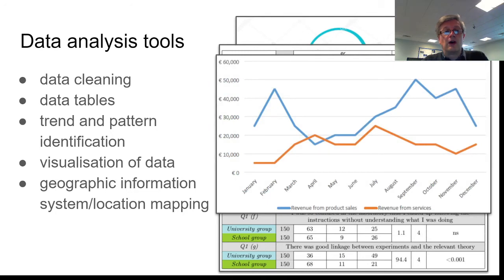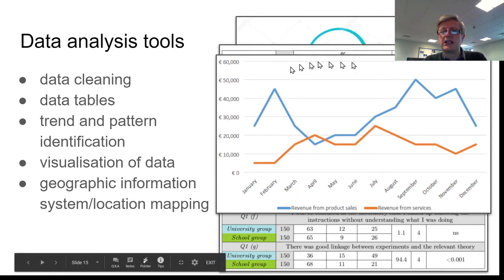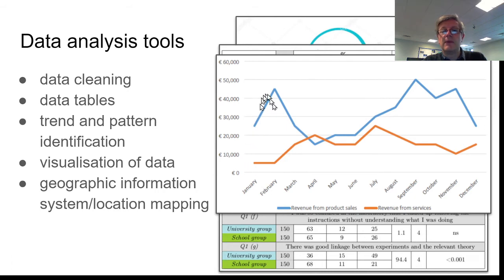Another tool that's used quite often is trend and pattern analysis and trend and pattern identification. So it's useful for us just to see the information in this kind of format because we can clearly see that the blue line is showing us the amount of money that's come in, the revenue from selling a particular product. And we can also see here from the orange line that this is the revenue that comes in from services.